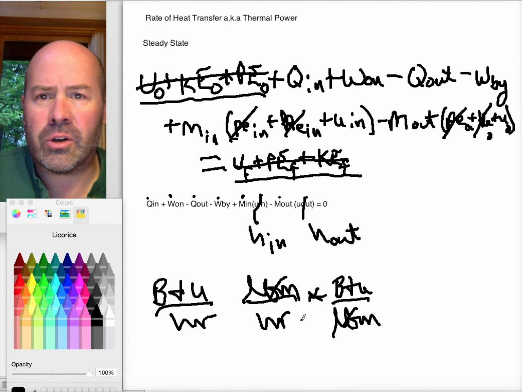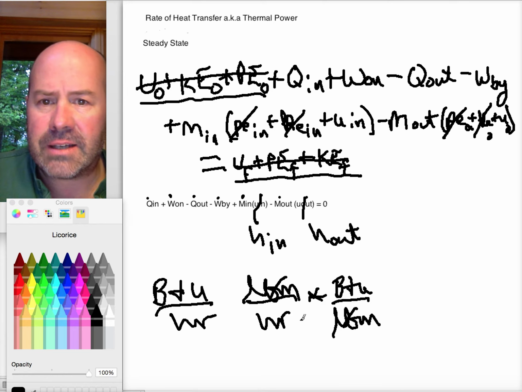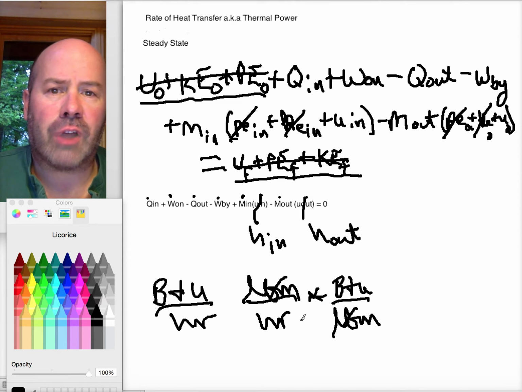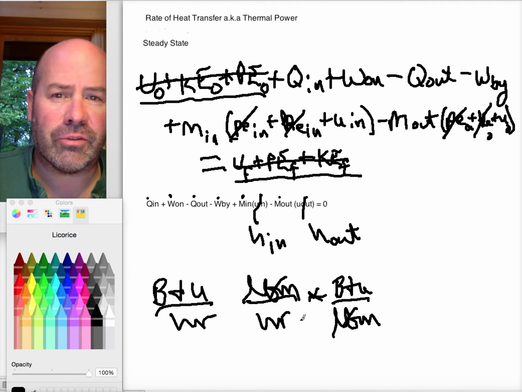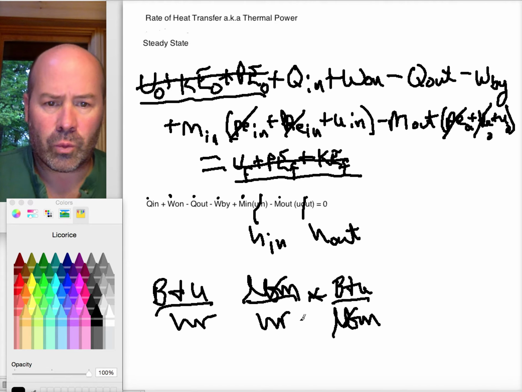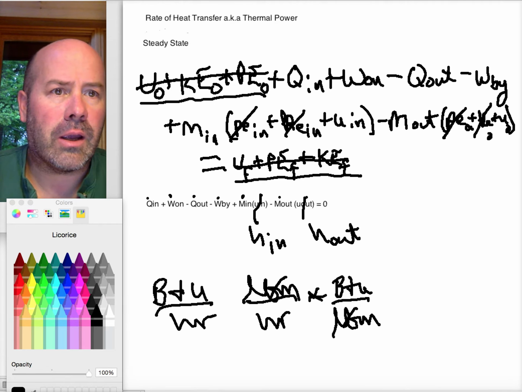So this is going to get us to the steady state first law. Steady state means the initial and final go away. For the first law, we will neglect potential and kinetic energy for now. We'll use enthalpies. I'm going to rewrite this, and then I'll have you write it. We'll put a box around it.